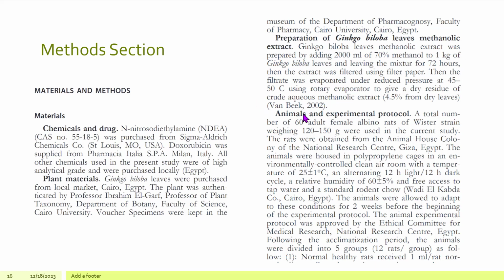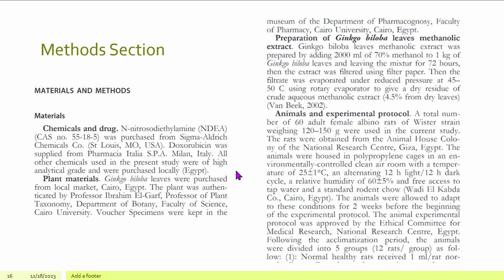And then if we had their final references sections up here, we would be able to find the Van Beek paper from 2002, look up this information, and we would get information to preparing ginkgo biloba extracts. All right. So this is a nice example of a methods section.